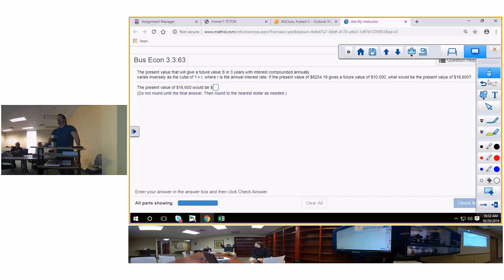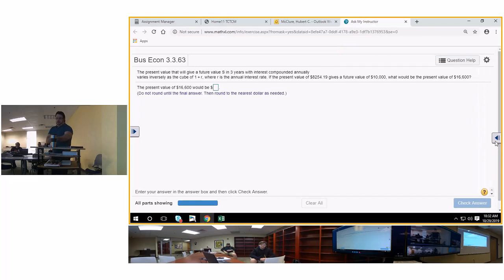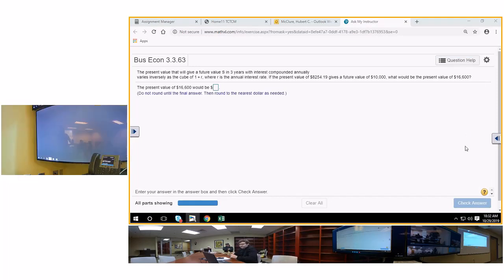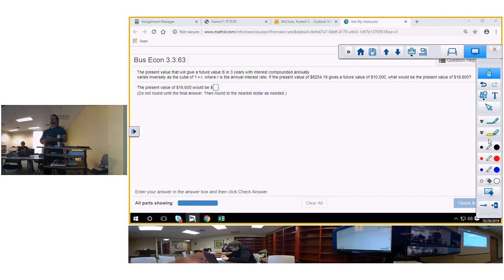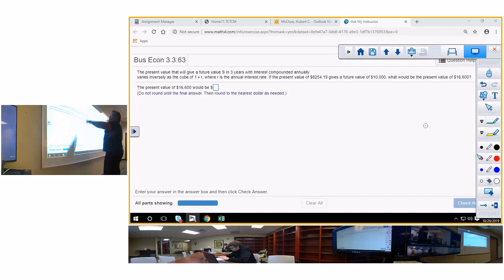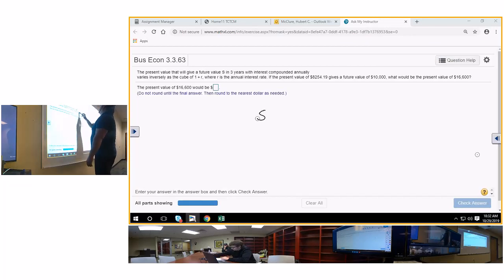Why don't they just give you the formula? Why they gotta do things like this? Anyway, the formula for compound interest is P times 1 plus R over N raised to the NT power. But they got to screw it up. So let's see what they're doing. T is equal to 3 years.